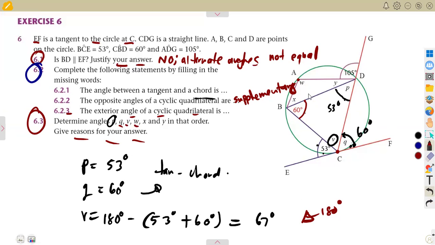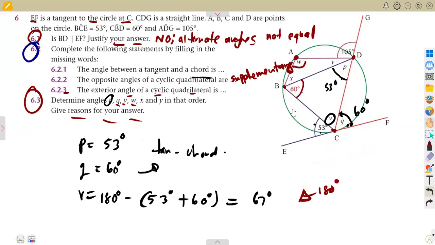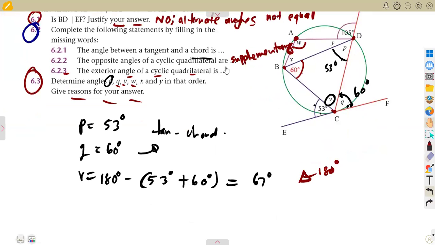Then angle W, which is this one. Considering A, B, C, D, this is a cyclic quadrilateral. All four points are on the circumference of a circle. We said the opposite angles of a cyclic quadrilateral are supplementary, they add up to 180 degrees.